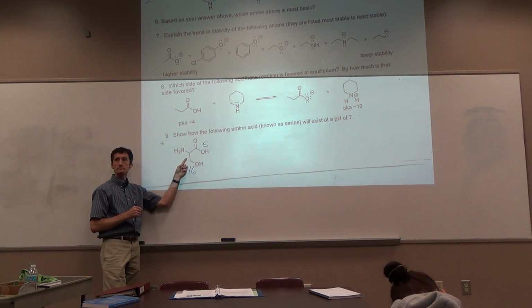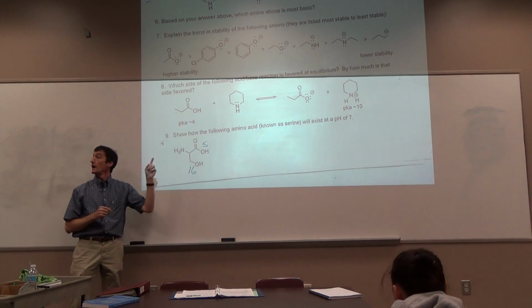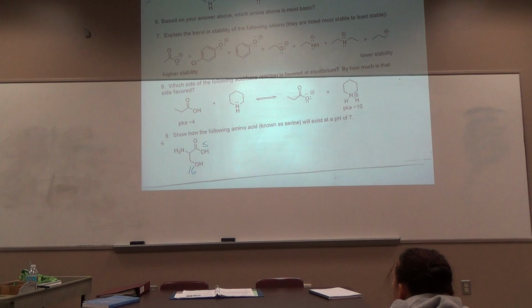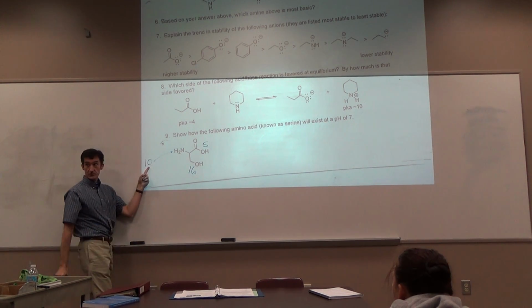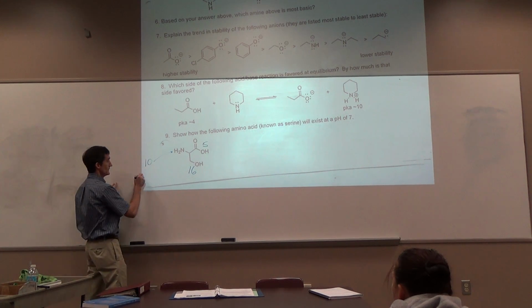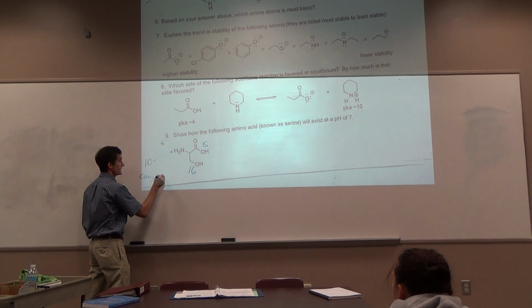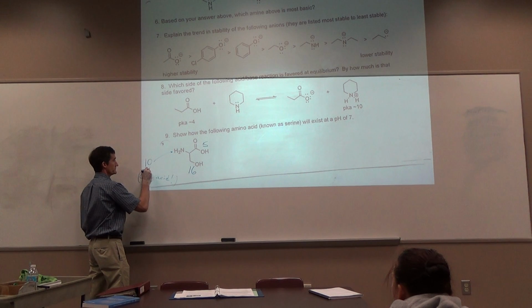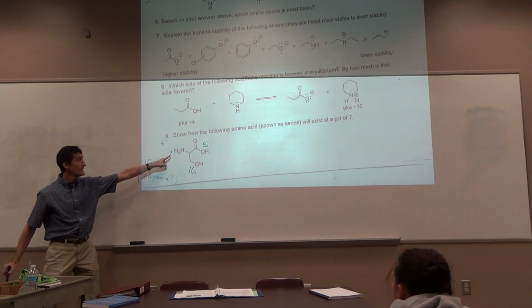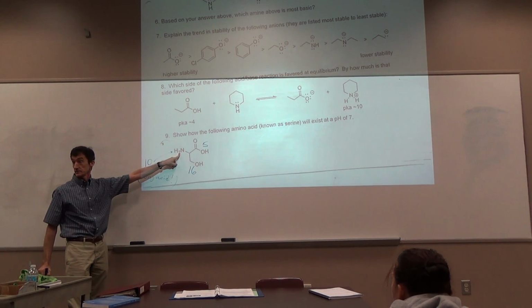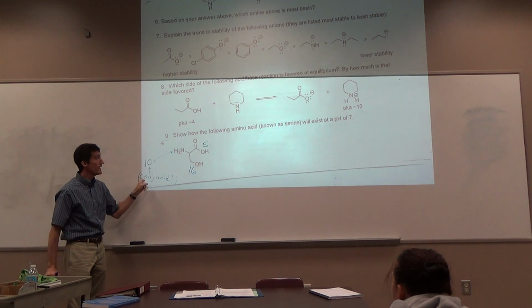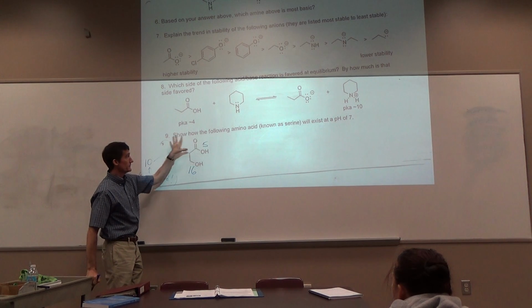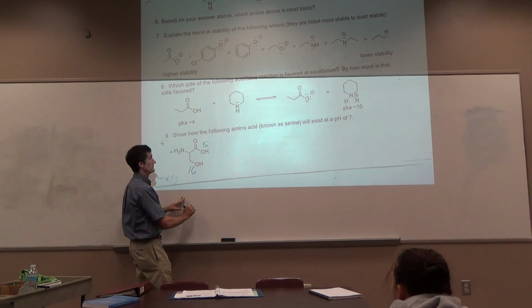Somebody, 10. I got it. 10. But that refers actually to what? The conjugate acid. Because amines are not acids, amines are bases. Okay? Do that. Now, we've got 3 different ones to get the right form.